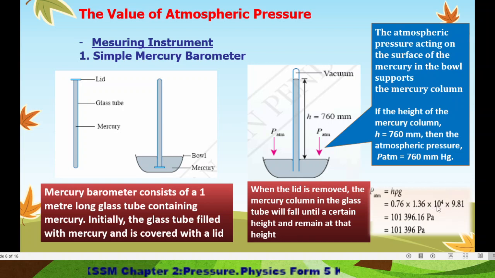Okay, no worries, this one will be given when there is a calculation problem. So 1.36 times 10 to the power 4 times 9.81. Thus we get the answer equals 101,396 Pascal. Or you can write the answer in standard form, 1.01 times 10 to the power 5 Pascal. So this one we call the simple mercury barometer.